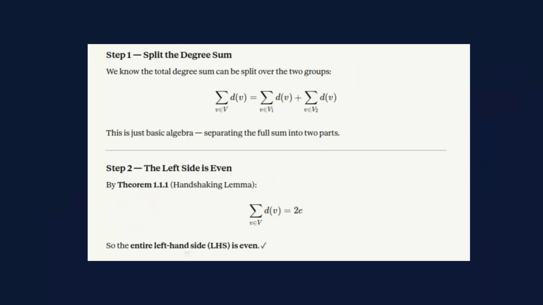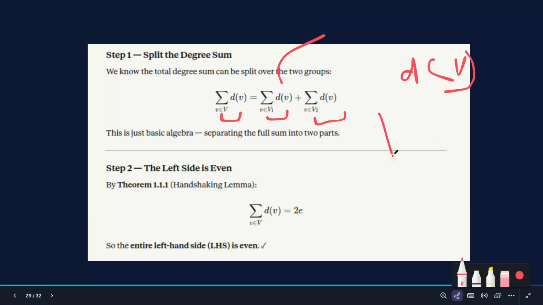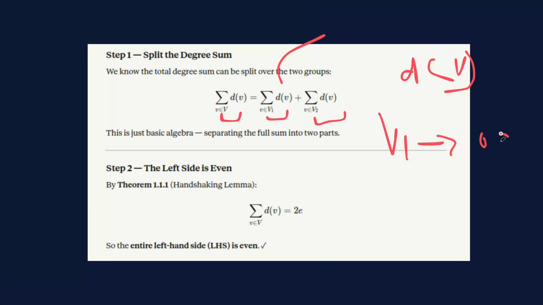This is how we are going to first initialize it. Fine. Now we are going to split our degree sum. The total summation of the degrees of all the vertices is the sum of the degrees of the vertices with even degree plus the sum of the degrees of the vertices with odd degree.